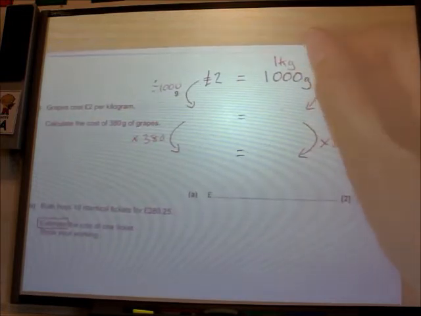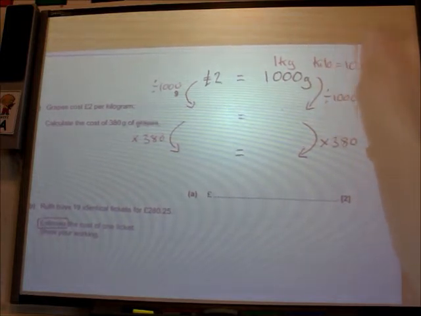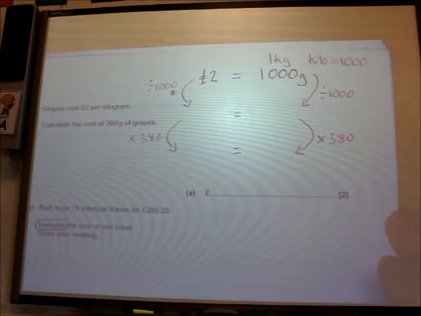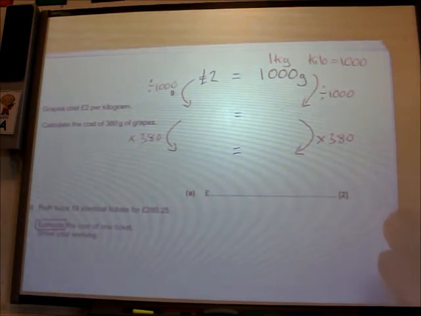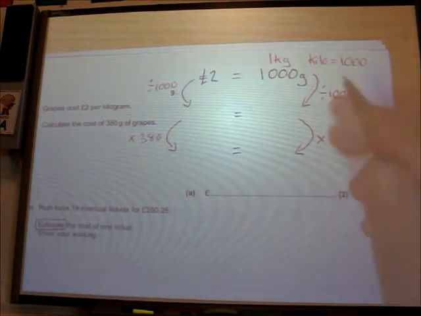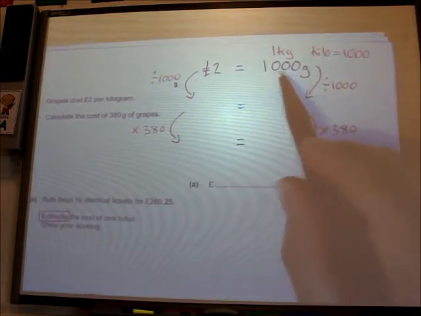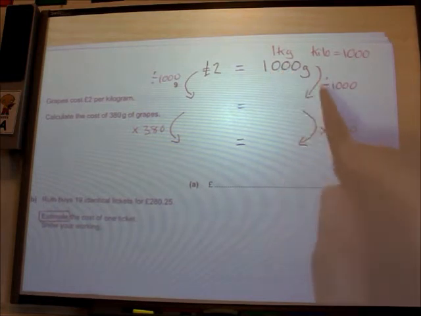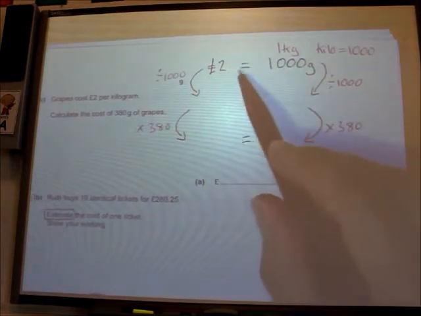Don't forget, and I've mentioned this before, the word kilo means 1,000. So if we think of kilograms, it's literally 1,000 grams. 1 kilometre is 1,000 metres. So to find the cost of 1 gram, you just divide that by 1,000. And then of course you must do the same to the price.